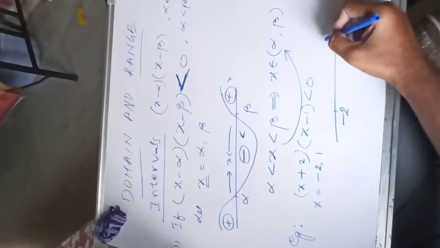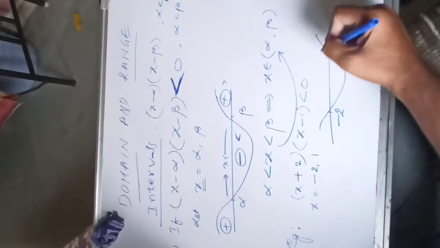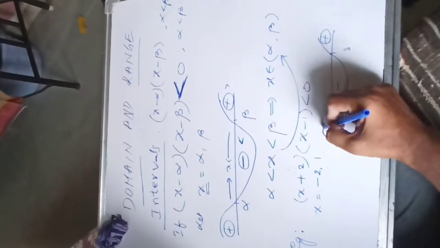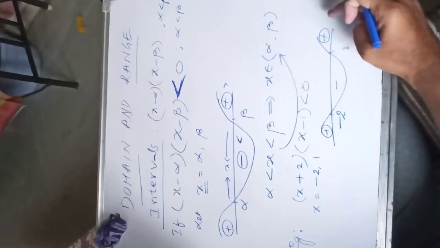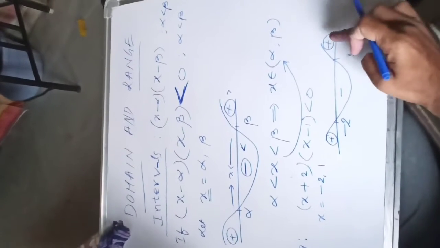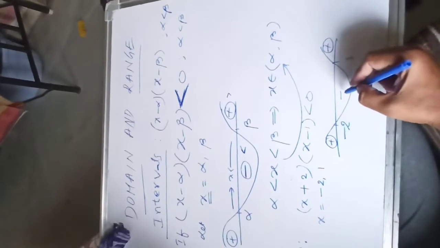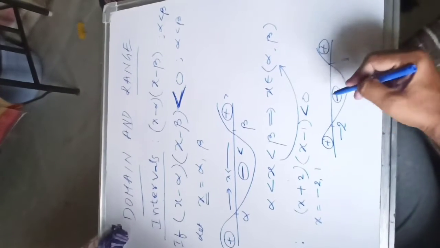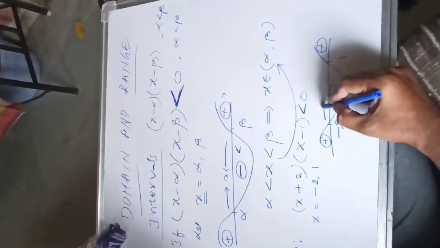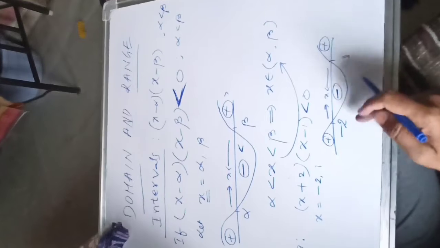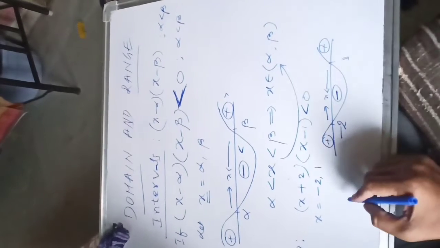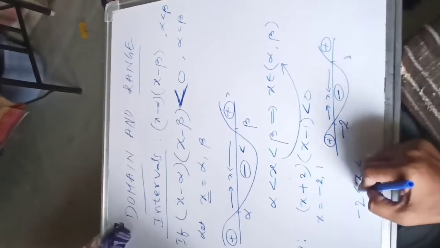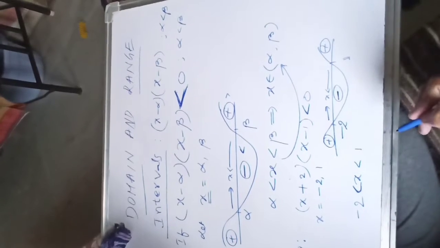Then start plus, minus, plus from the right side. This less than symbol denotes the minus, so your answer lies between minus 2 and 1. That means x lies between minus 2 and 1.